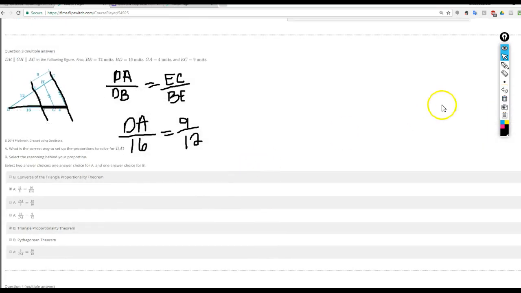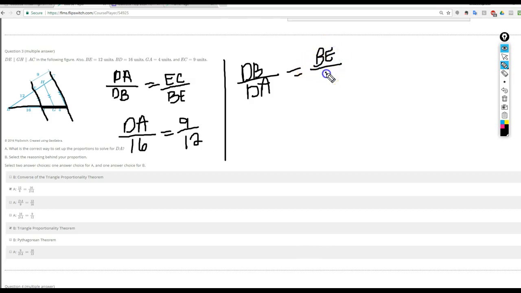They just set it up instead, they said that DB was proportionate to DA, and that's going to equal DE being proportionate to EC. So it is the reciprocal of the proportions we set up, which is correct.